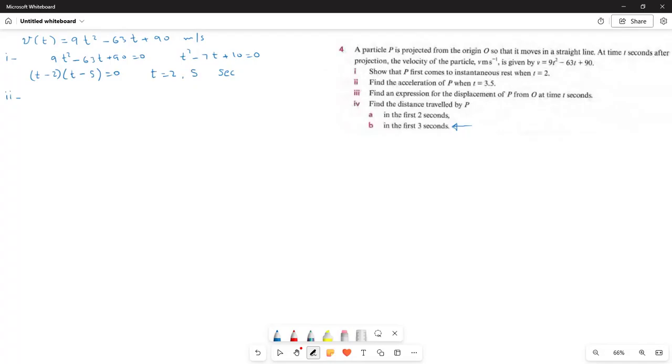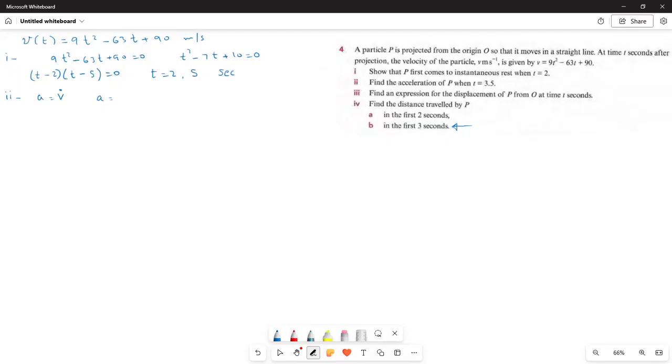So the first answer: P first comes to instantaneous rest at 2 seconds, then again it comes to rest at 5 seconds. Now the second part: find the acceleration of P when t is 3.5 seconds. Remember, acceleration is the derivative of velocity, which we sometimes write with a dot.